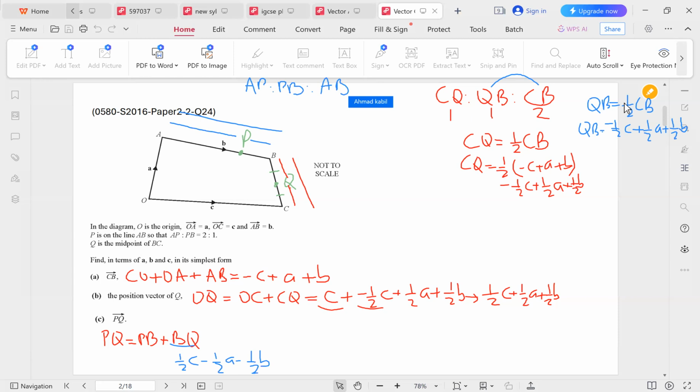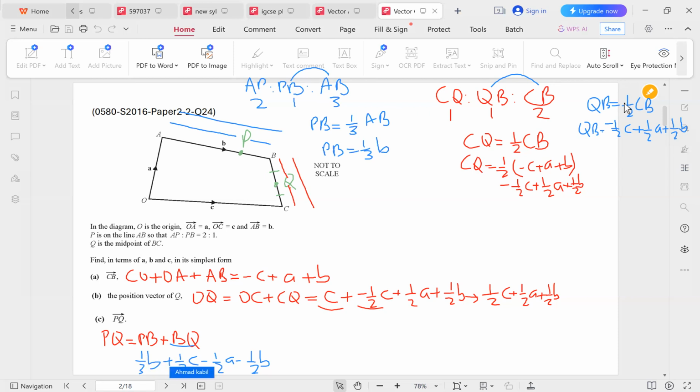We are given that AP to PB is 2 to 1, and the total is 3. We are interested in PB, so we're going to link PB to the total. So PB equals 1 over 3 AB, and PB will equal simply 1 over 3B because we already know that AB is equal to the vector B. So we can write PB as 1 over 3B.